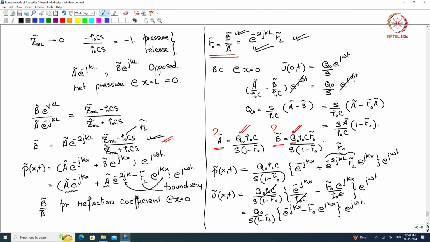Now you can see here that if we have a rigid end condition, we will have this as minus 1, RL tilde will be minus 1.